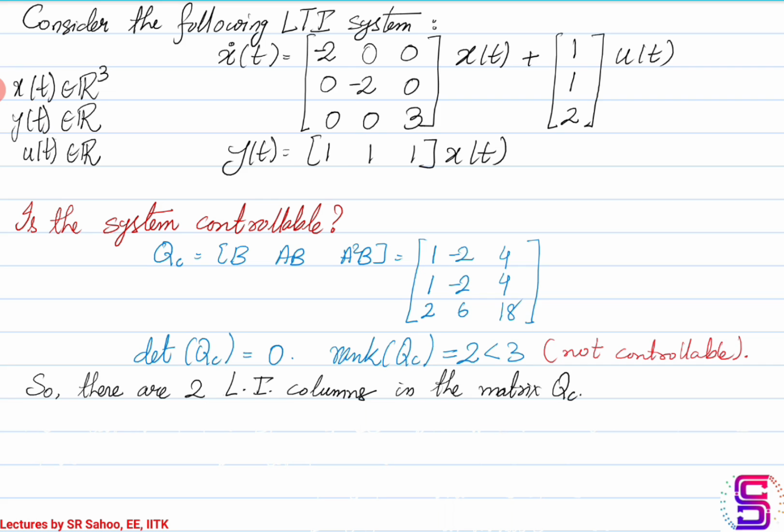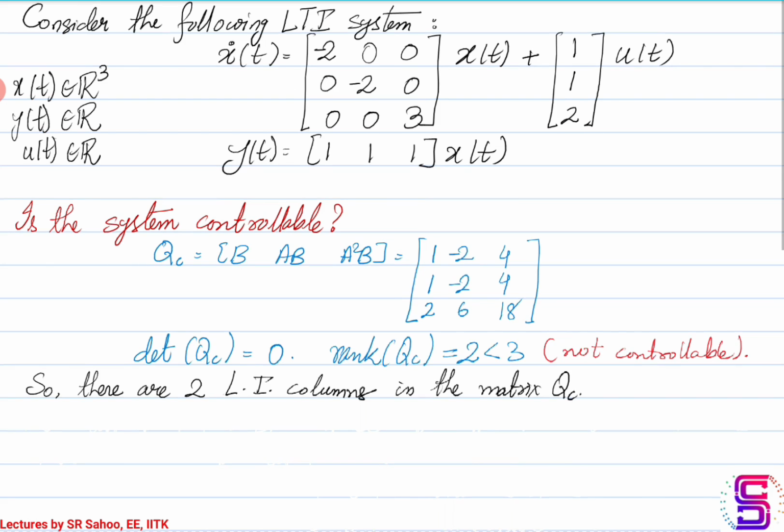Now the rank of QC indicates that there are two linearly independent columns in this particular controllability matrix.